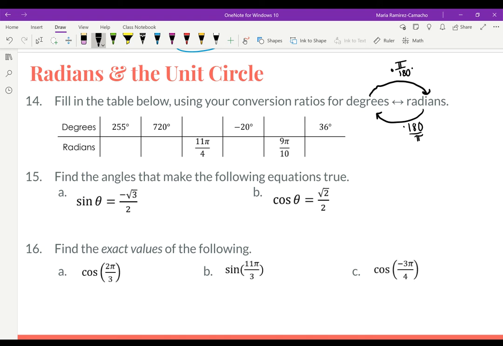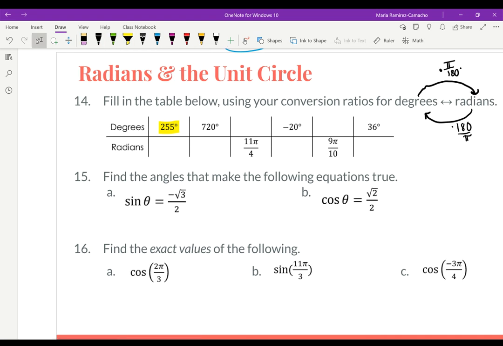Okay, let's start with the degrees. So we'll start with 255 degrees. I'll do my work to the left over here. 255 times pi over 180. Let's see, we'll reduce this by figuring out what the greatest common factor would be here between these two numbers. 5 goes into both 255 and 180.